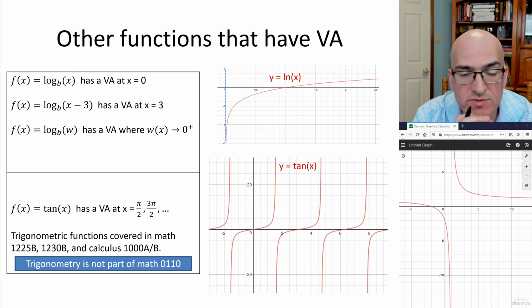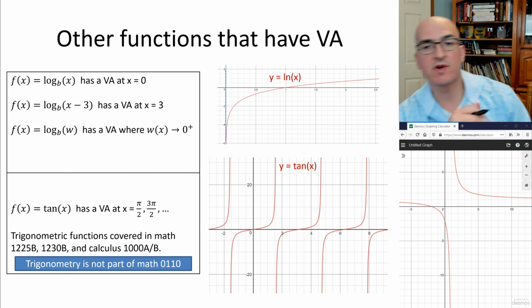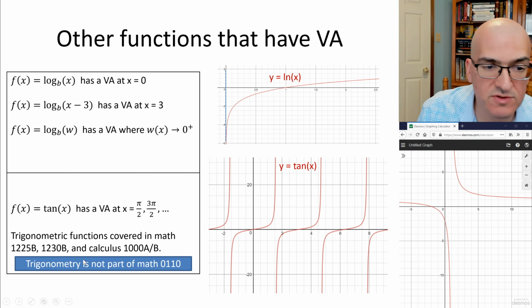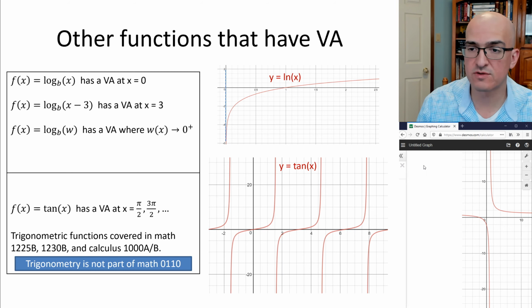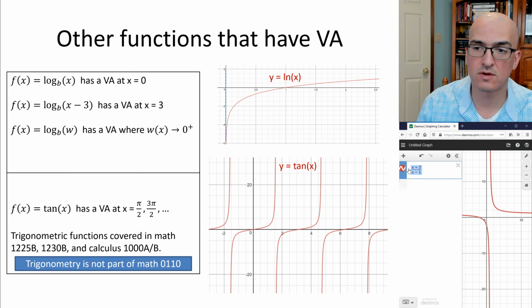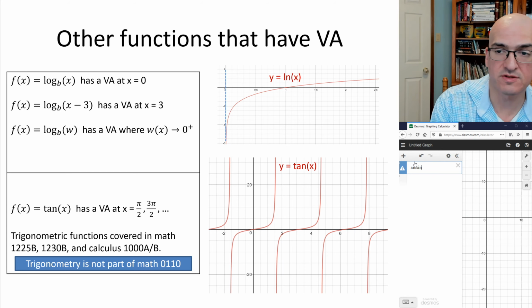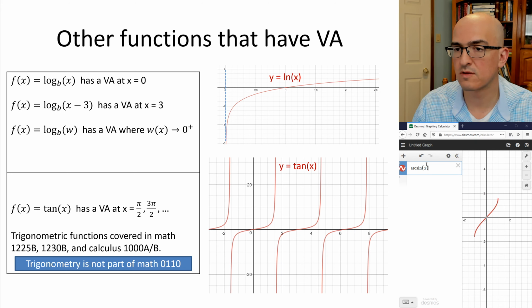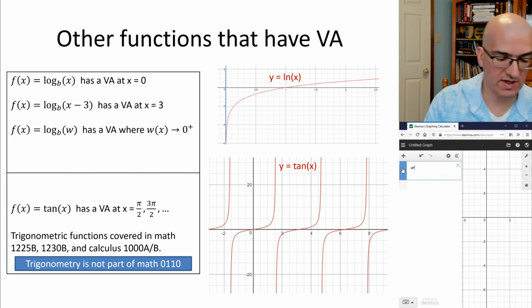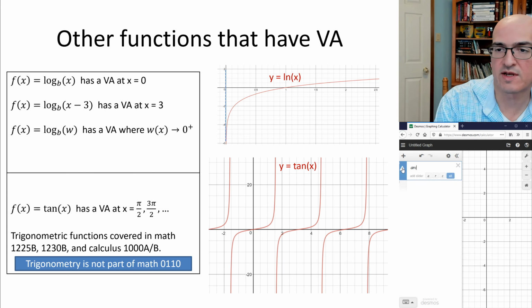It has vertical asymptotes at pi over 2, 3 pi over 2, 5 pi over 2, and every other similar multiple of pi over 2. There's more than that. There's also arc functions, arc sine of x. I guess arc tan. It's arc tan, not arc sine.